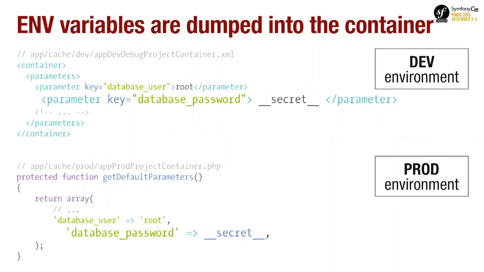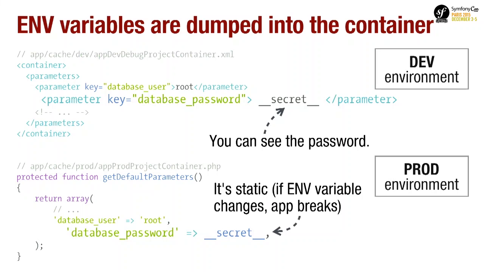The problem is, if you open the compiled container, which is different in the dev environment and prod, in dev it is an XML, and in prod it is a PHP file. If you open them, you'll see two main problems. First, you can see the password; the sensitive parameters are there, dumped.